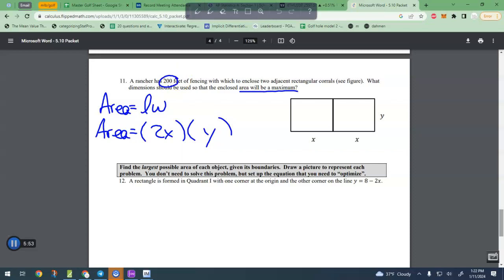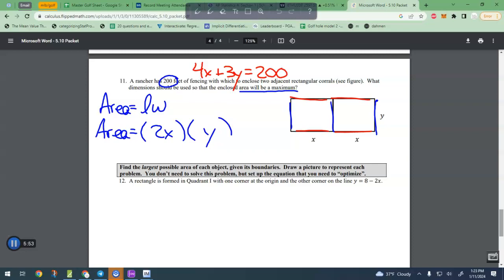I've got 200 feet of fencing. How many x's would I have to put down to enclose that area? Which are the y's? How many y's are there? 1, 2, 3. How many y's? Or how many x's? 4. So 1, 2, 3, 4. So that tells me that 4x plus 3y has to equal 200 because I've only got 200 feet of fencing.